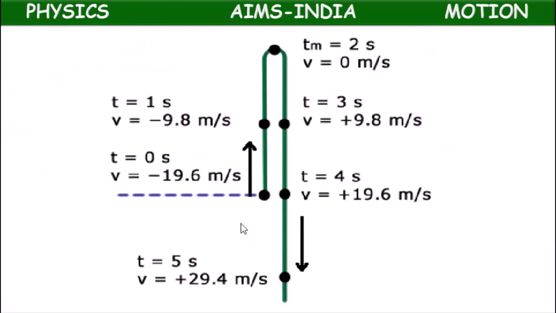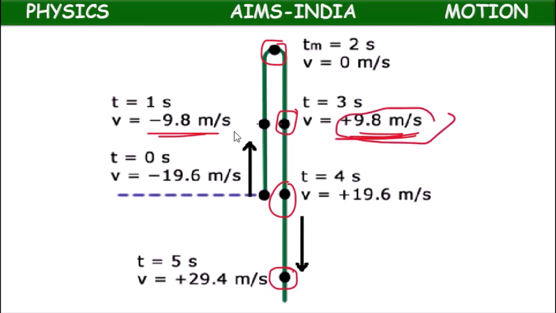So at any point while going up, if you compare, here the velocity is 9.8 meter per second while going up, while coming down, minus 9.8. Means at the same point, they will have the same velocities, but in opposite direction.